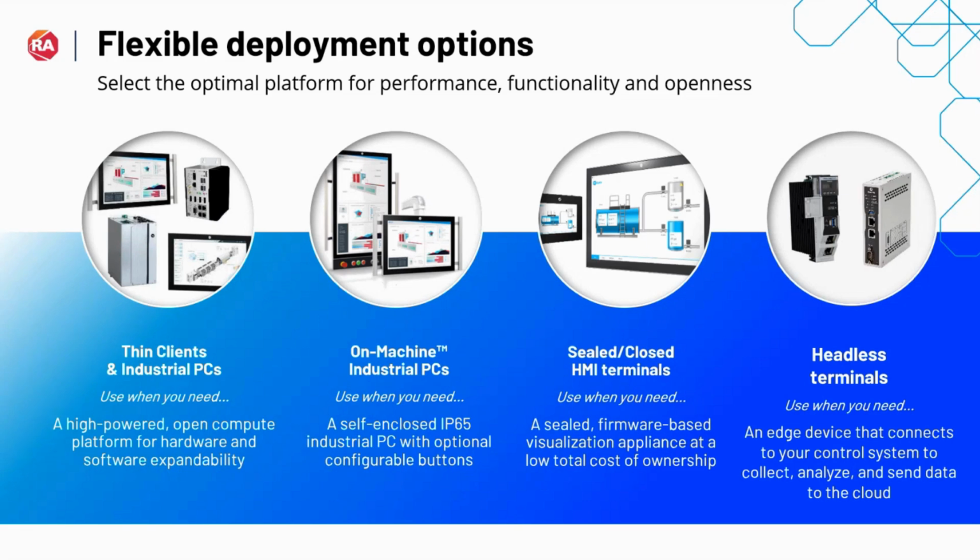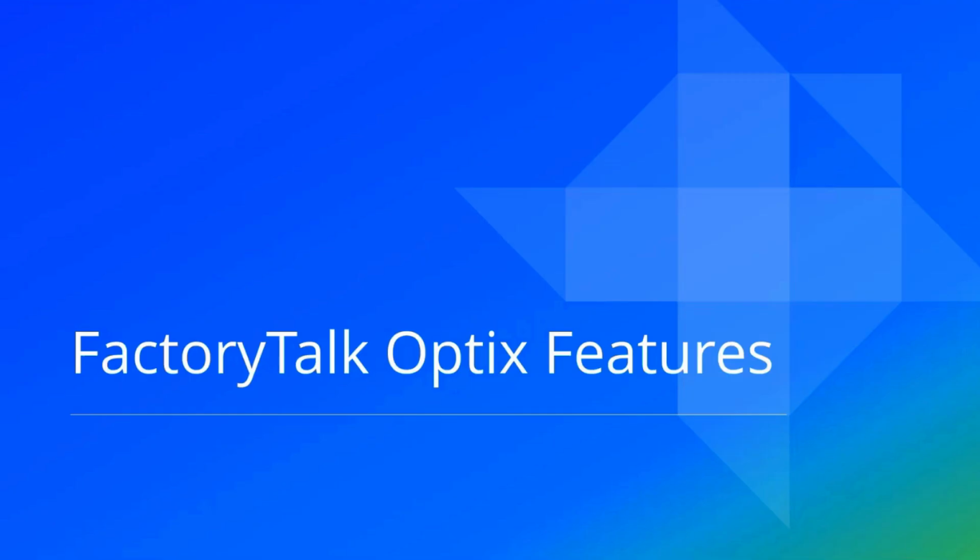You could run this on machine HMIs, or you could use some of the dedicated Optix Panels as well. And finally, there are headless units like the Optix Edge and Embedded Edge Compute. These are ideal for both footprint saving and cost saving for dedicated edge applications.